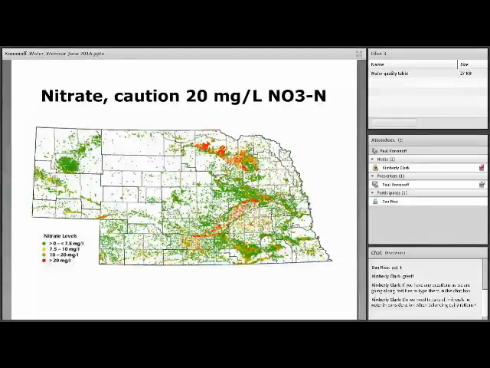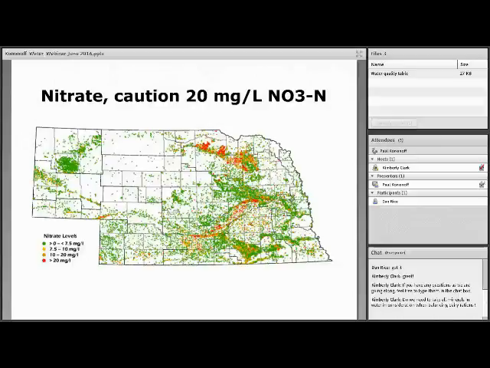Well, what about Nebraska? In my early slides, I talked about irrigation being found in areas where there are fairly high concentrations of corn and probably fertilization. You can see that in areas where there's high irrigation and probably high corn production, these are areas of the United States where we actually see fairly high concentrations of nitrate in the water.